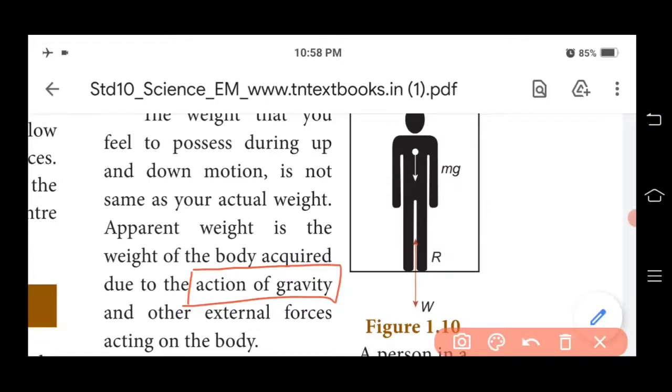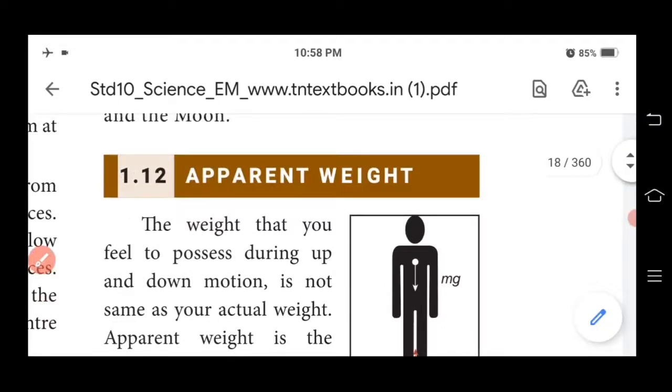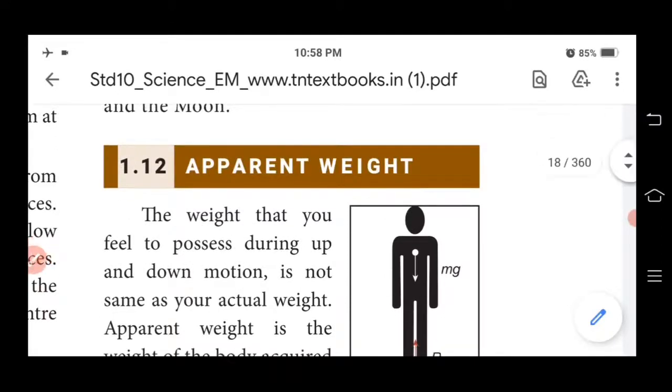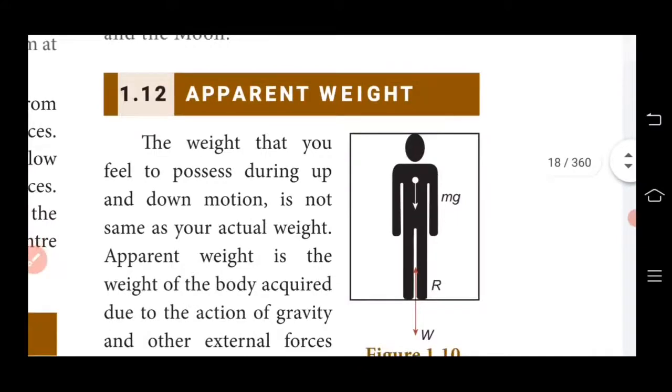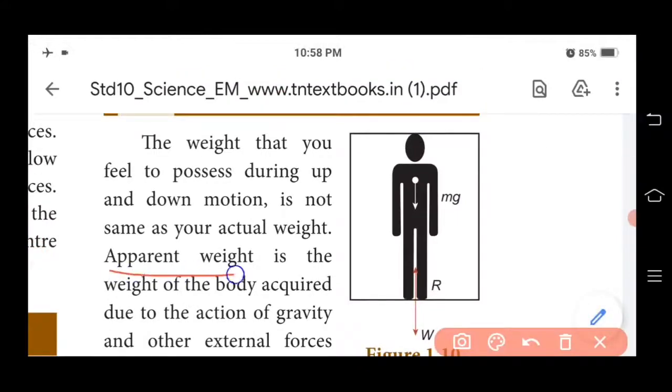Because our heading is apparent weight, you must know what is meant by apparent weight. So apparent weight is the weight of the body acquired due to the action of gravity and other external forces.